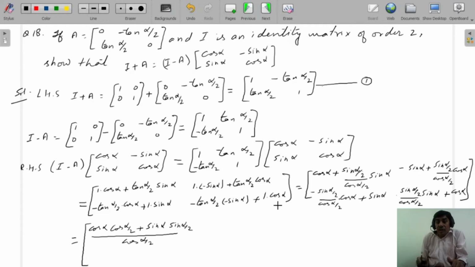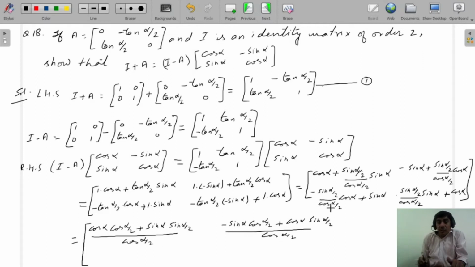First row, second column: minus sin alpha cos alpha by 2 plus cos alpha sin alpha by 2 divided by cos alpha by 2.